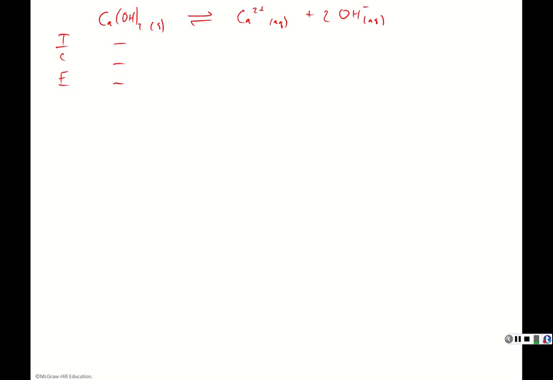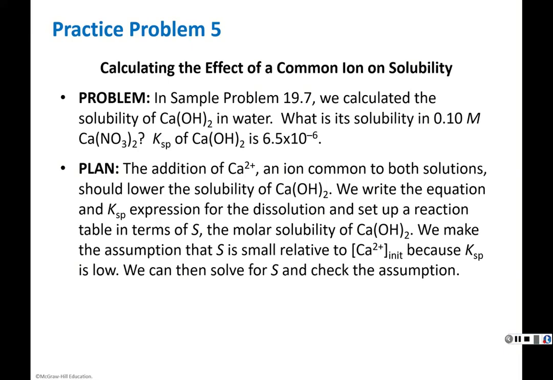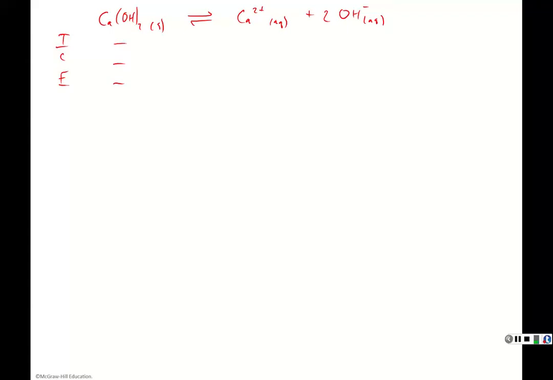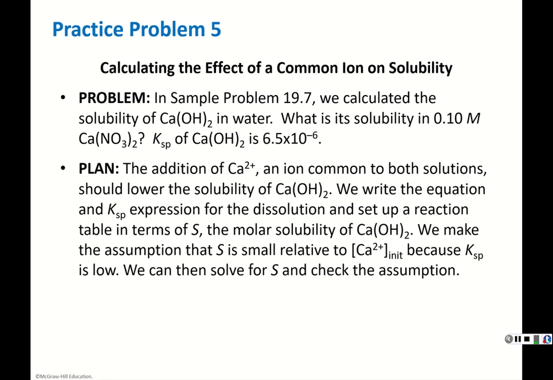Now we're not starting with 0 calcium 2 plus. We're trying to dissolve this into a solution of calcium nitrate. So we're going to have some calcium 2 plus ions already in solution from that calcium nitrate. And we're told that we have a 0.1 molar solution of it, so this is going to dissolve completely in solution to calcium 2 plus and 2 nitrates.